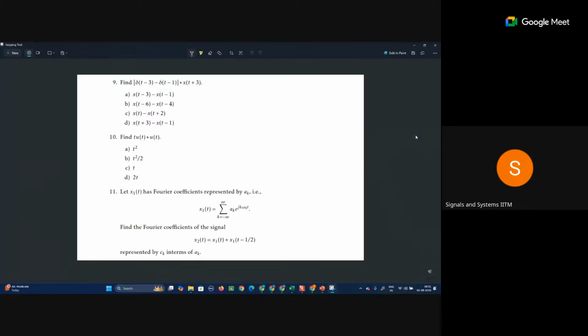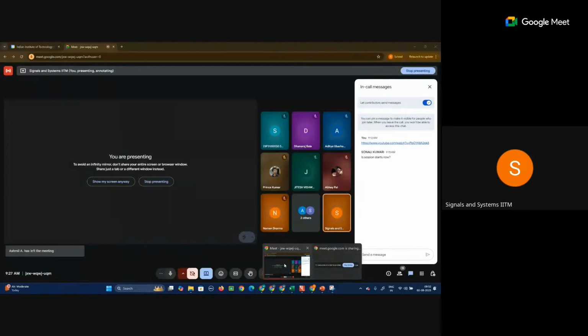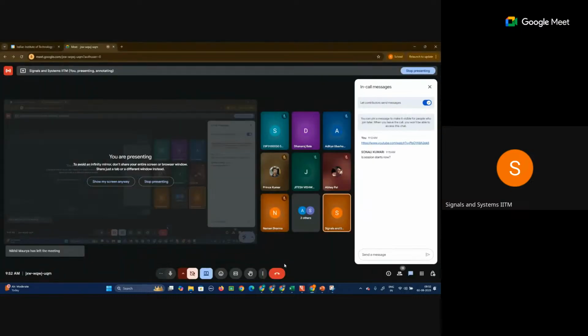How about the ninth question? Do you remember any properties over here? Yes, ma'am. We can separate out the parts and derive the convolution of each part. That is the distributive property.